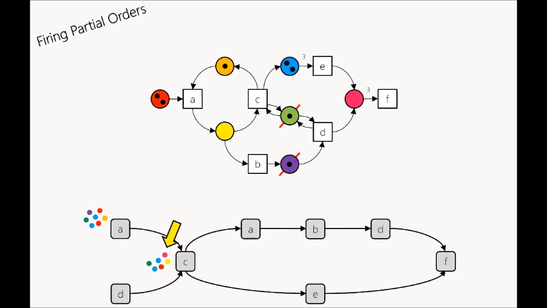So we update the local marking of C. We remove the purple one and add a pink one. And now we fire C in its local marking, which again is fine. Firing C leads to this local marking, a green, three blue, a pink, an orange, and a red one.